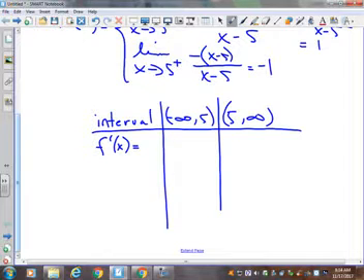So we're not going to be evaluating it, but we can pick a number, and that's not the problem. The problem is it'll have the same answer no matter what we pick on the left side or the right side. So if I say the derivative of 4, then it's going to be positive 1. And if I say the derivative of 6, that's going to be negative 1, because everything to the left of 5 is 1. And everything to the right of 5 is negative 1 because it's a constant slope.